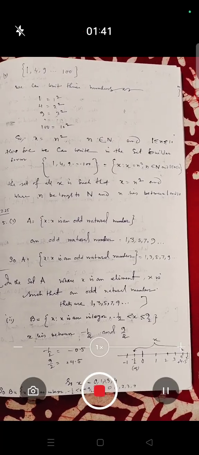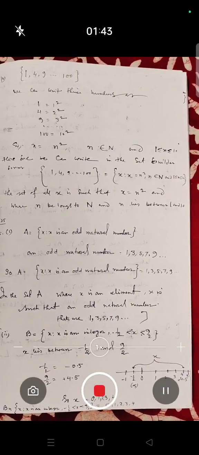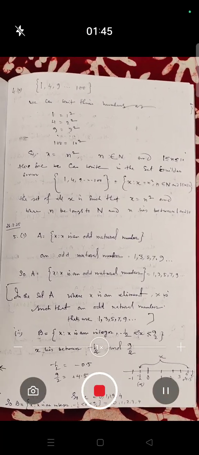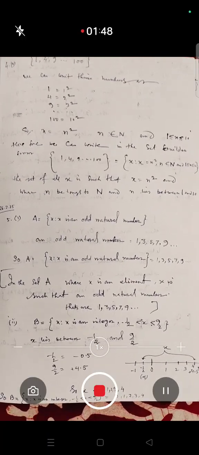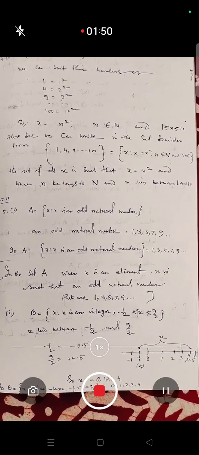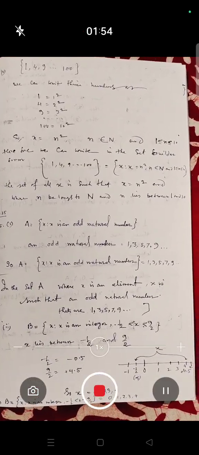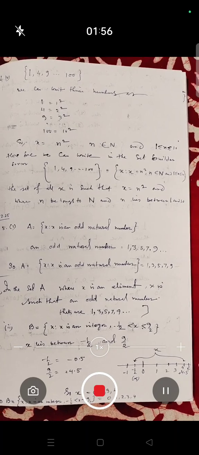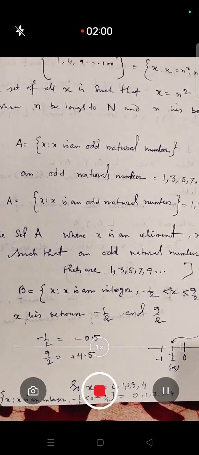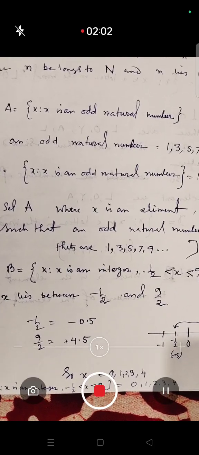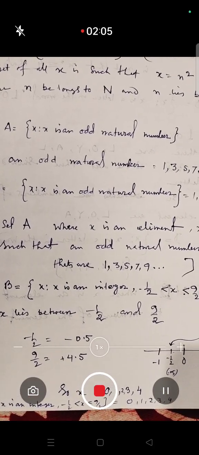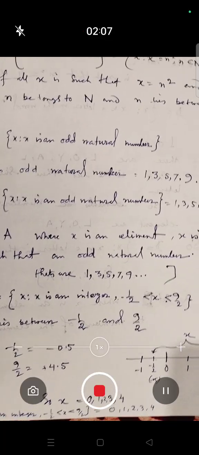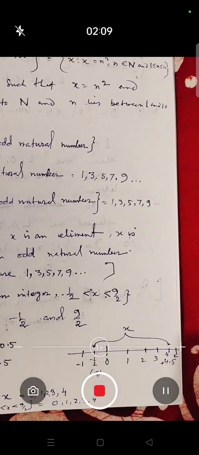That means x lies between minus half and 9 by 2. So minus half means minus 0.5 and 9 by 2 means 4.5.